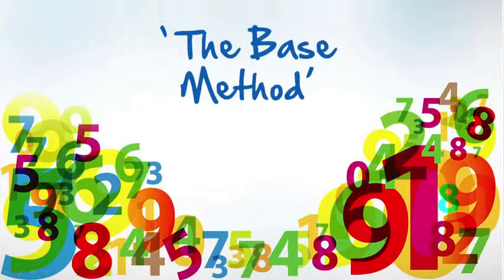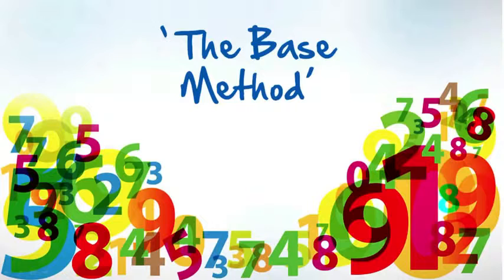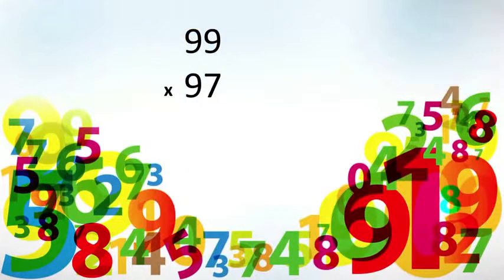We do something called the base method right now. Base method is basically multiplying numbers very close to the base of 10, 100, 1000, and so on. So say we got a number 99 times 97. So they are both close to 100. So tell me, is 99 more than 100 or less than 100? Less. By how much?